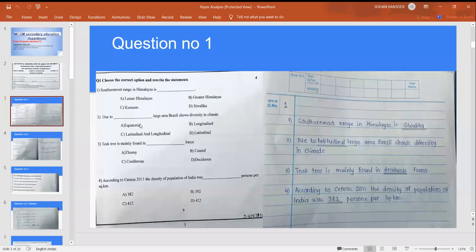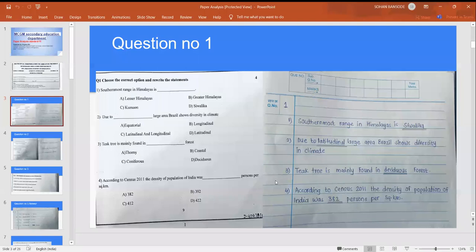Next one is: due to dash large area, Brazil shows diversity in climate. The answer is latitudinal. I have written a full sentence again and then underlined that word. Next one is: teak tree is mainly found in dash forest. The answer is D, that is deciduous forest.